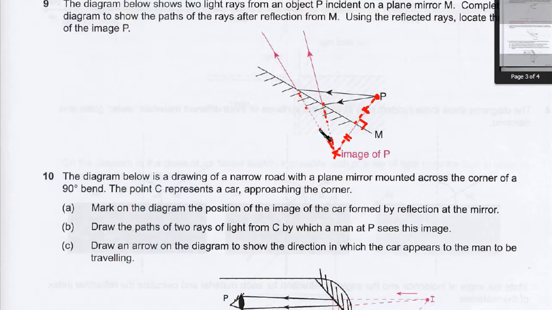After extending, you can draw in the reflected ray. With this method you do not have to use any protractor. All you have to know is the distance of the object from the mirror, and then you draw in the image, and then you join the rays to where the incident ray hits the mirror.